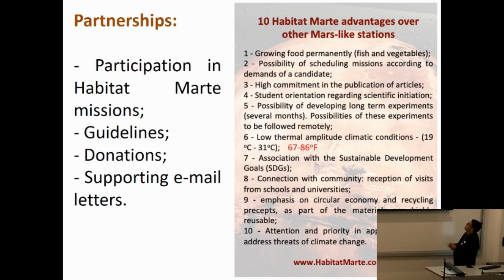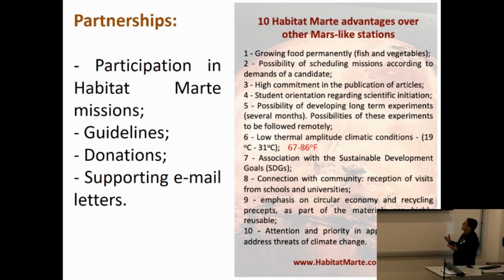We are growing food permanently, fish or vegetables, a possibility of scheduling missions according to the demands of our candidates, high commitment in the publication of articles, student orientation regarding scientific initiation, and the possibility of developing long-term experiments of several months, which we can follow remotely.